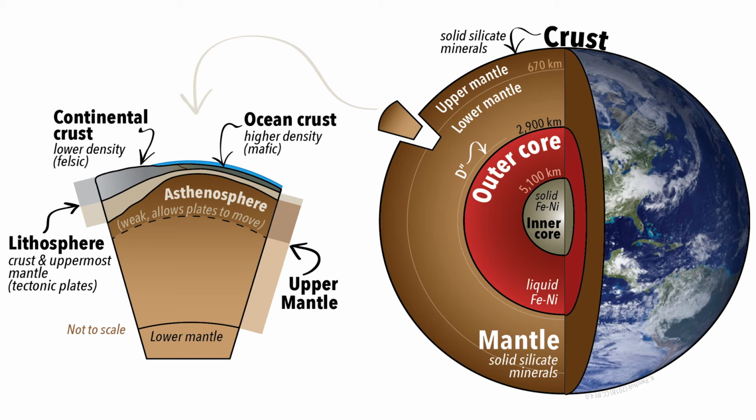Moving on, we have the Earth's interior layers. I know you are all familiar with this, but let's have a refresher. The crust is the upper portion composed of two types: the oceanic crust that underlies the ocean basin and the continental crust that underlies the continent, whose most abundant composition is oxygen and silicon.